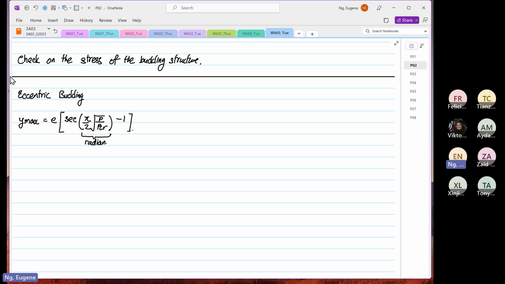So you see down here we have formulas. Likewise, PCR is equal to pi squared EI over L squared. And P is known as the applied load.